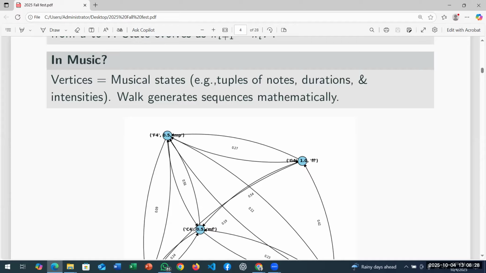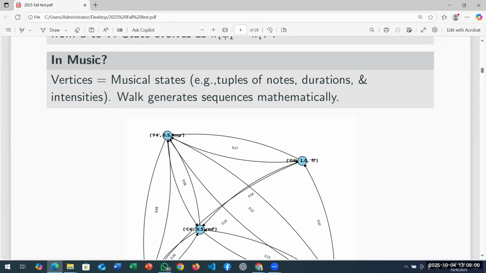But let me pick C now. Let's say I'm working with C, D, E, F, G, A, B, 7 notes. C stands for do. D, the second letter that follows C, stands for re. That's how we have do, re, mi, fa, sol, la, ti, do. We can't have music without these notes.